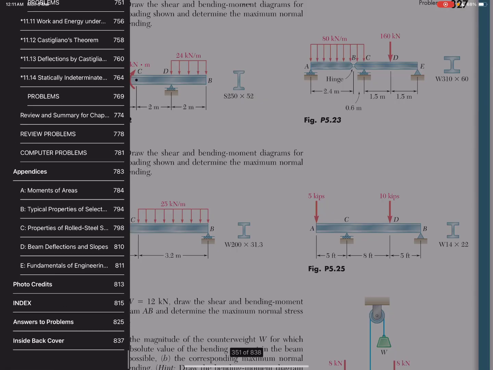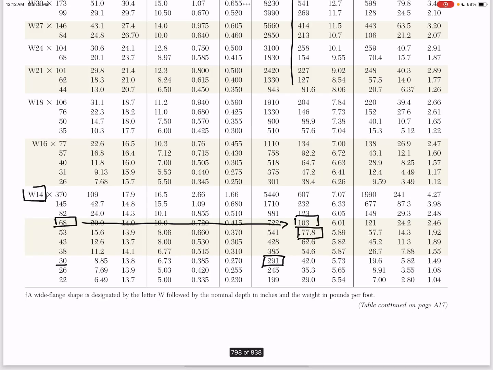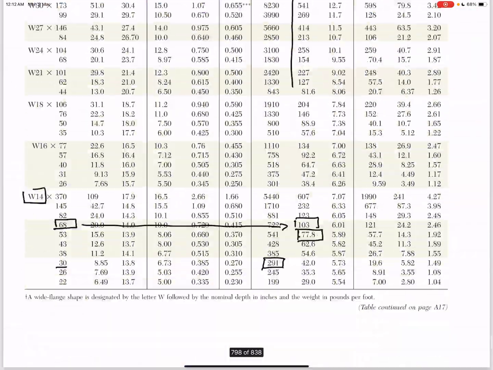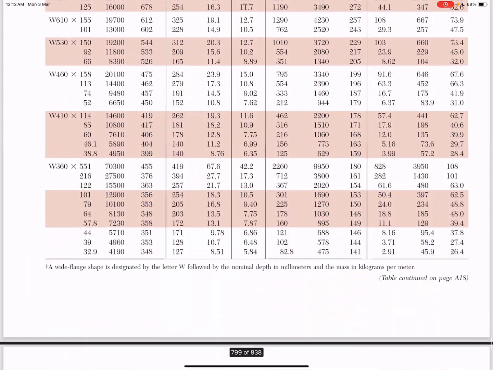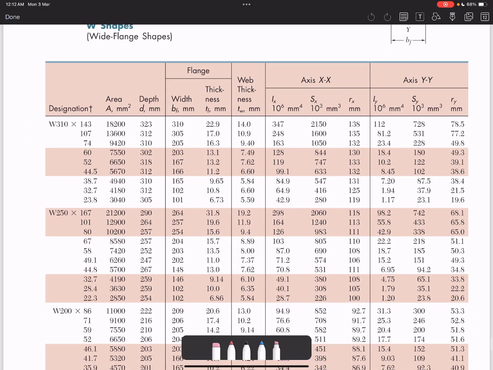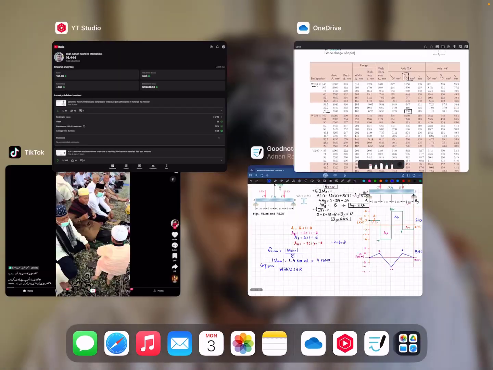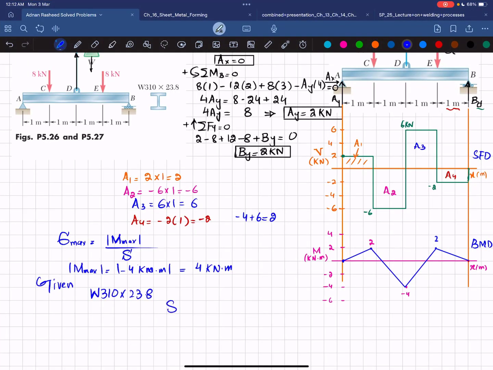You have to go to the properties of rolled steel in Appendix C, and here you will choose the SI units. Now you can see this is W310, and 23.8 is here. So you will get this SX, which is 280 into 10 to the power 3 cubic millimeter.